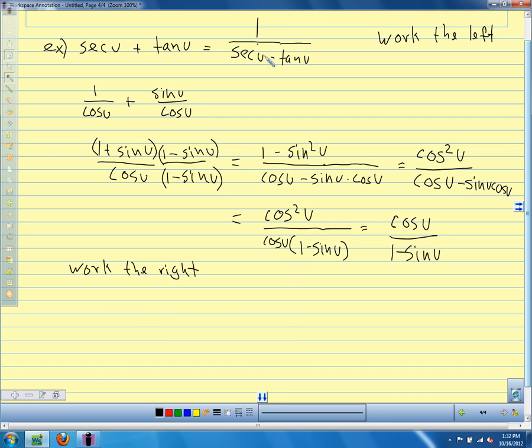So I have 1 over secant u minus tangent u. I'm just going to say here, question mark. I'm not sure where to go from here. I think we could do something, but I'm not sure what. What can we do to work the right side of this? Any ideas?